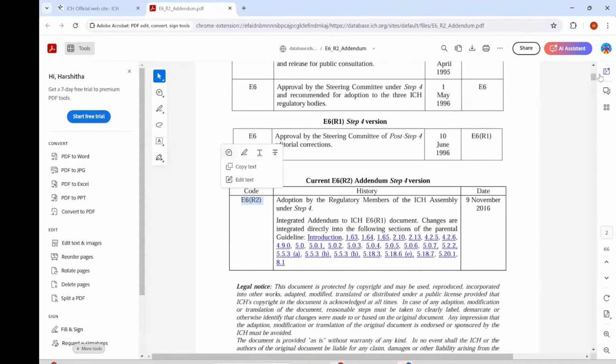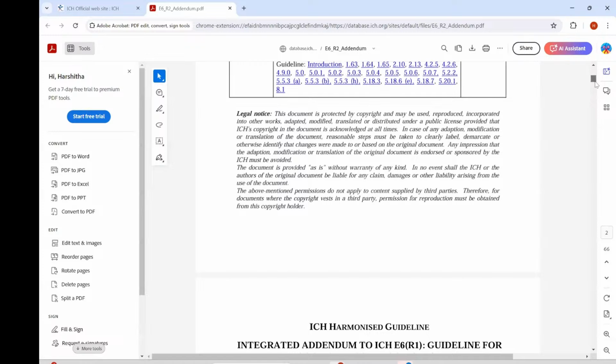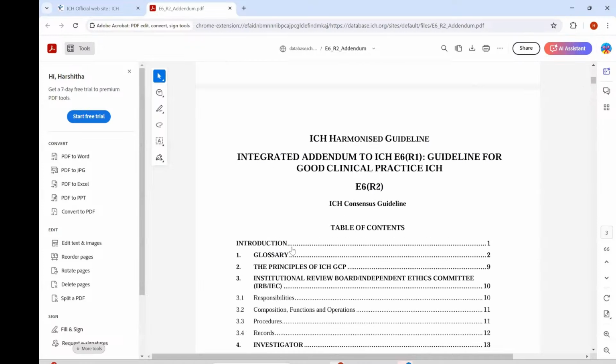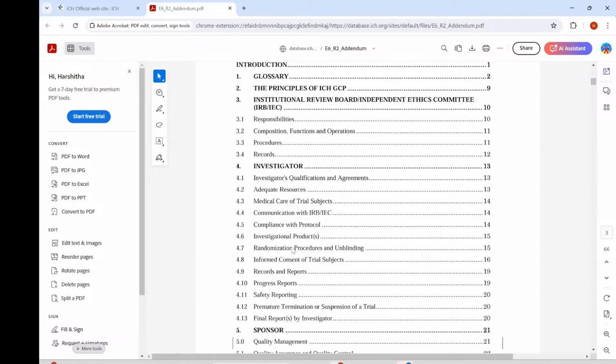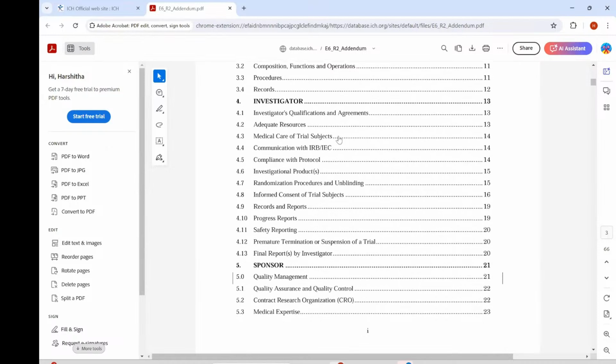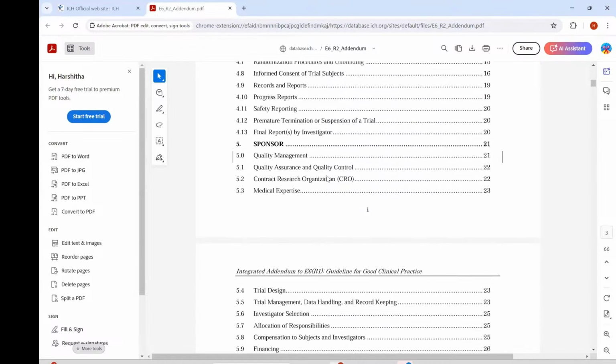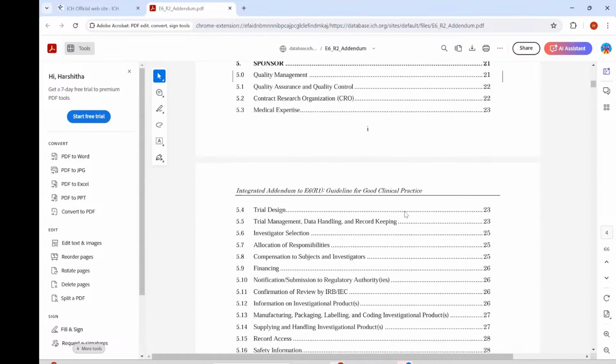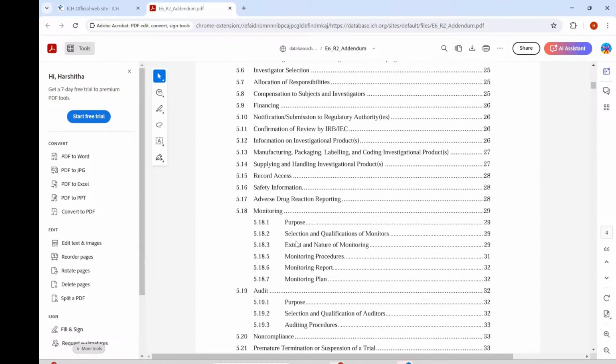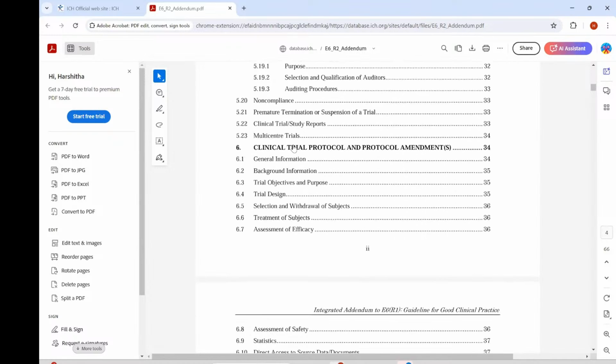In the sponsor section you will get CRO as well. The protocol section covers what a protocol should consist of and what the list of items is that has to be highlighted in the protocol.